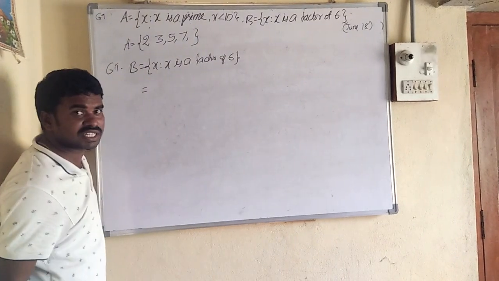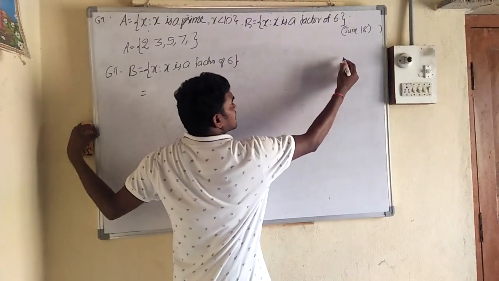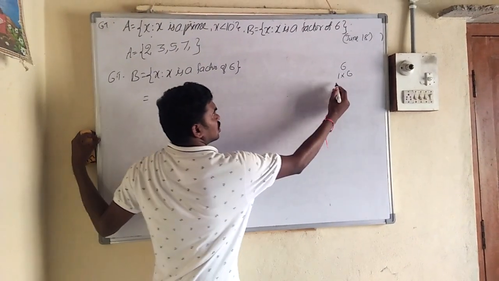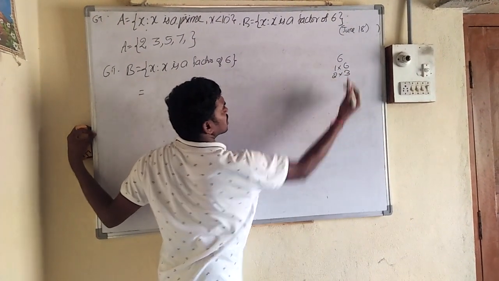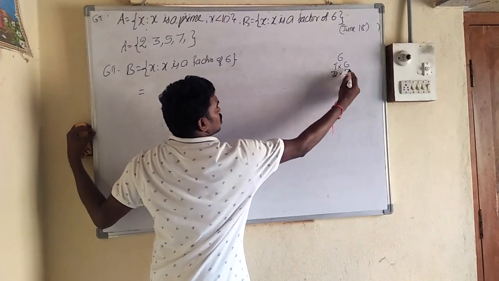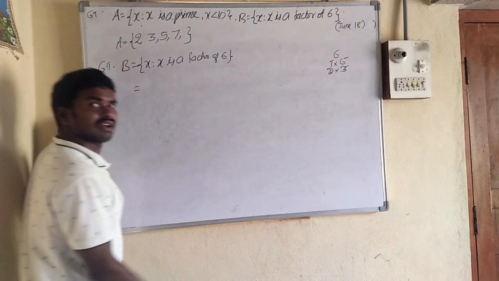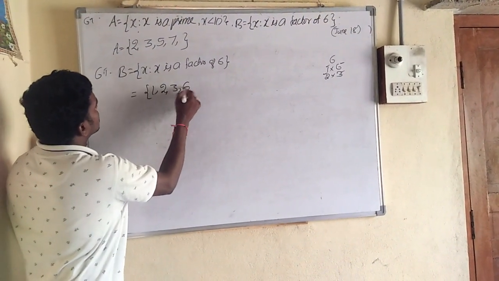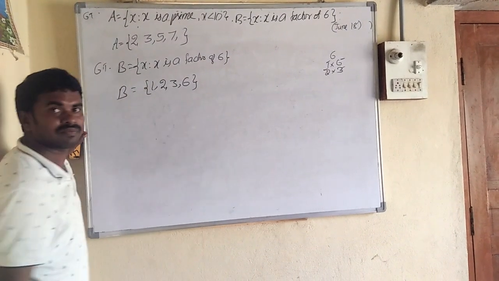What are the factors of 6? 1 times 6 is 6, 2 times 3 is 6, 3 times 2 is 6. So 1, 2, 3, 6 are the factors. So this is set B.